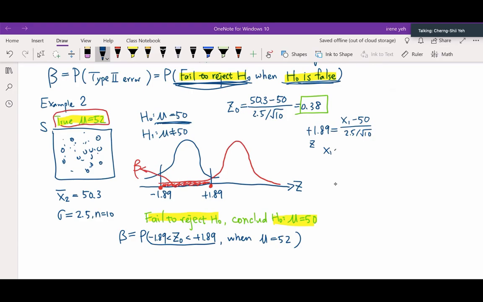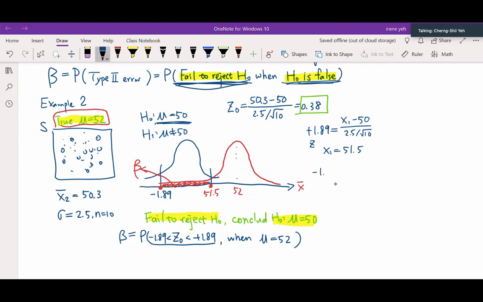So my x1 value, my upper bound, is 51.5. In other words, in this red distribution, this value is 51.5. This becomes my x bar. Population mean here is 52. Okay, just to give you a perspective.